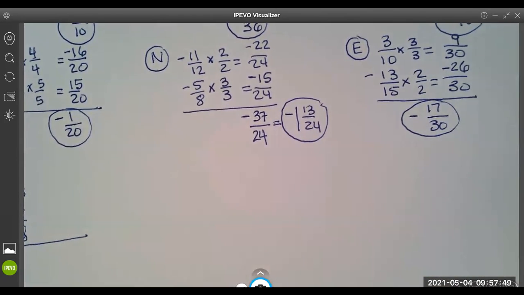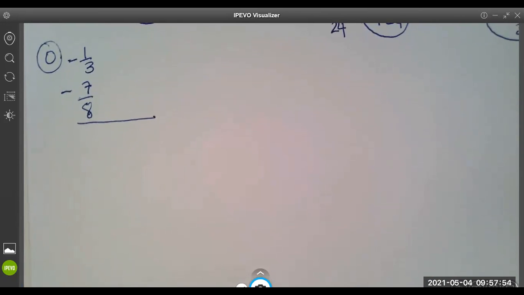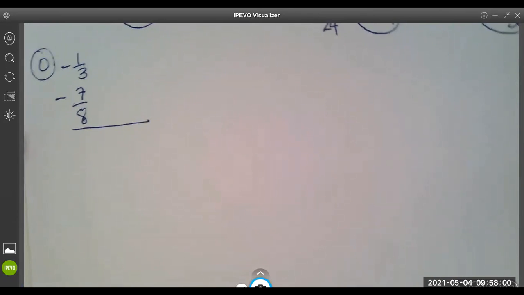Okay, now we're going to double back and do the O row that I missed. Sorry, because when you're glancing down. All right. So can 3 become 8? No. Can I go 8 times 2 and make 3 go into that?